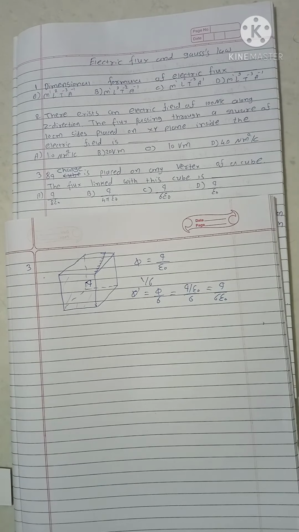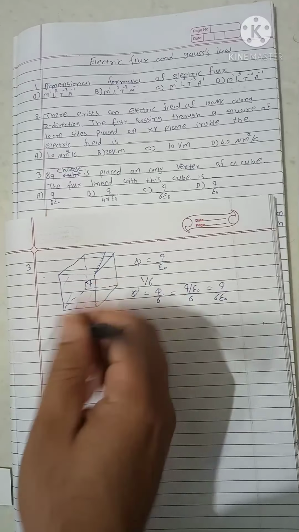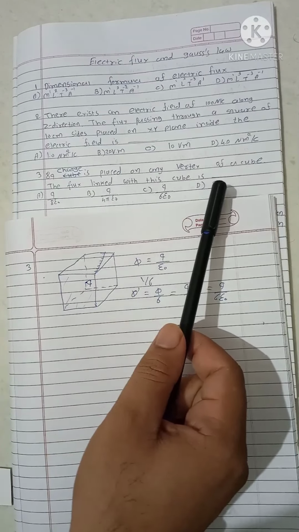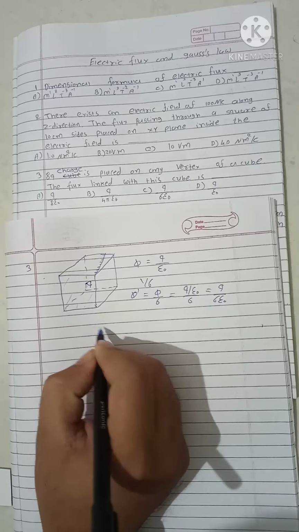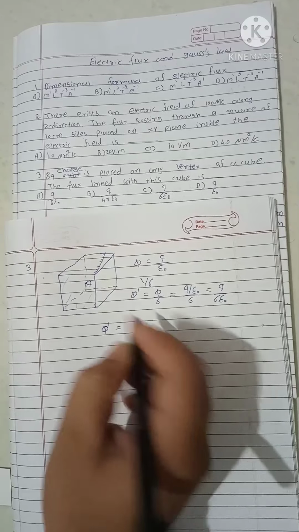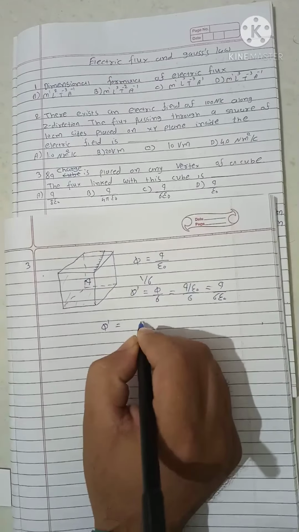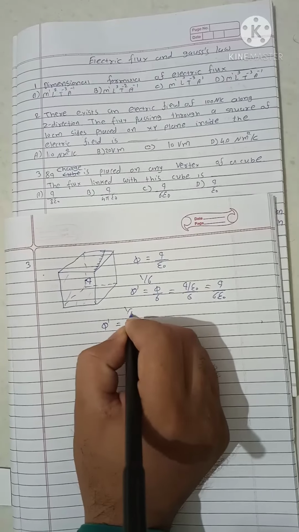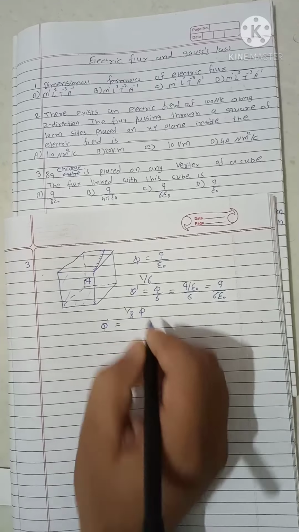Actually here we have only one cube. So the flux linked with this one cube is 1/8 part of the main flux.